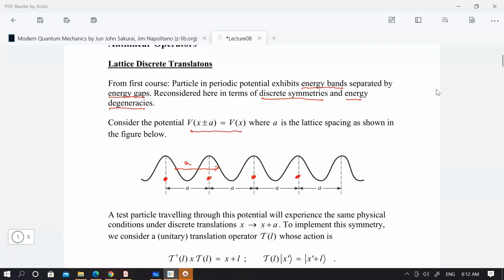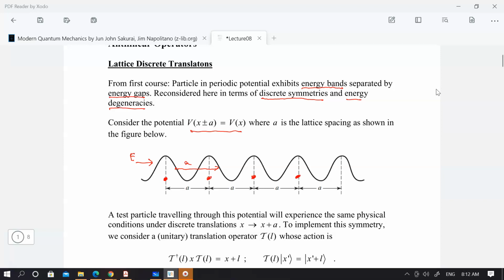So an electron traversing with some energy E will experience the same thing as it goes a lattice distance of A. In other words, each time it passes a distance of A, the physical condition goes back to the point where it started off.